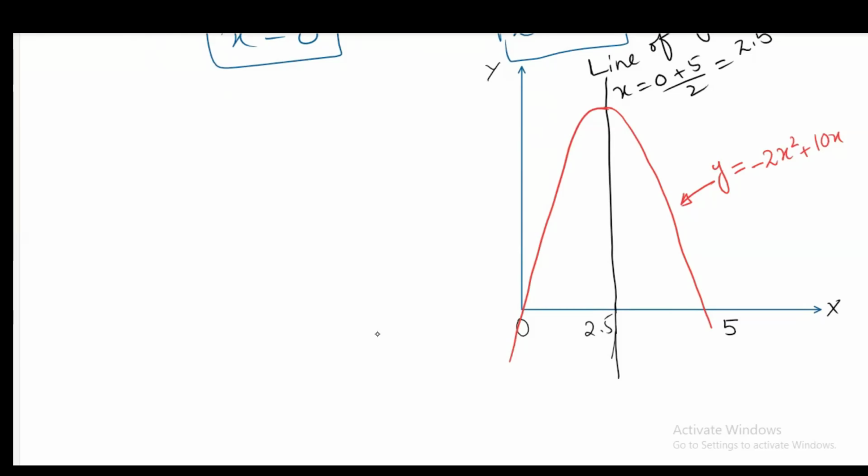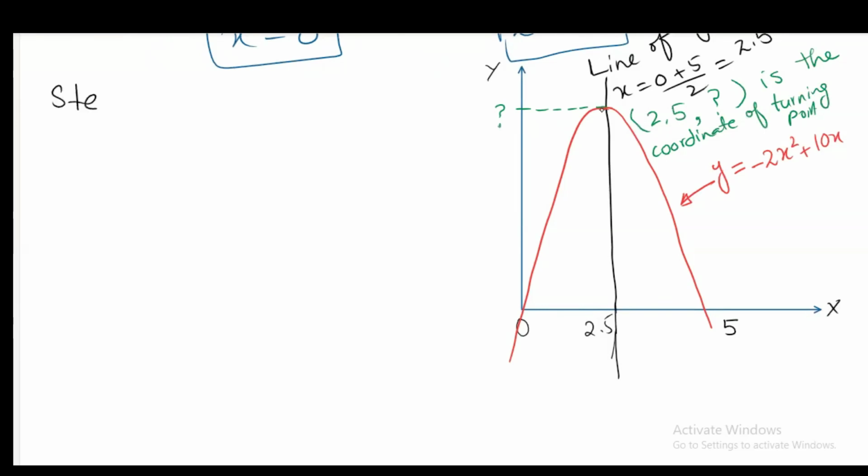We have the x coordinate of the turning point, which is 2.5, but we don't have the y coordinate of the turning point, so it is still unknown. So the coordinates of the turning point will be (2.5, unknown). The turning point, stationary point, or vertex, we can find by using step number 2.